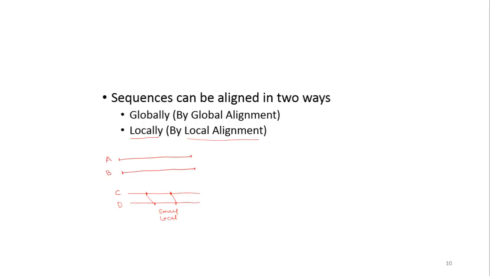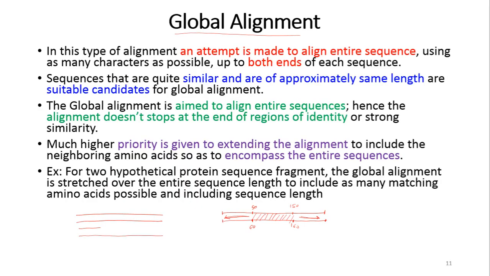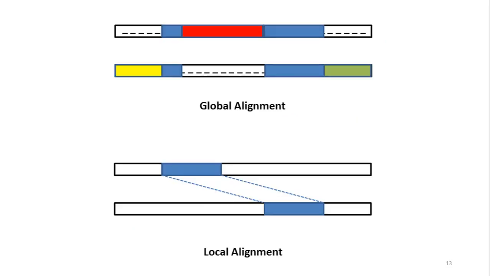You can align the two sequences either globally or locally. We also discussed what is global alignment, what is local alignment, and the difference between them.